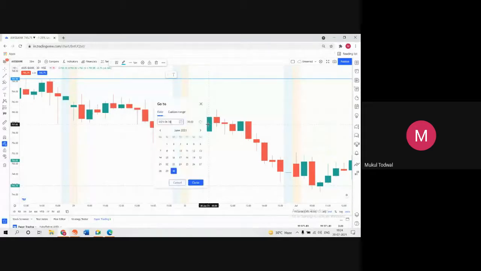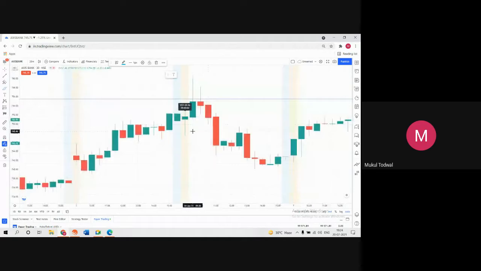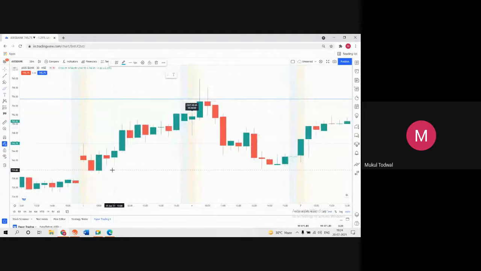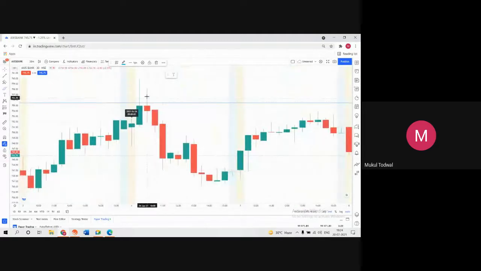To make things more clear, we'll take another example where the same thing happened. The stock is in a downtrend right now. Now a perfect inverted hammer has formed. This gives me a confirmatory call.